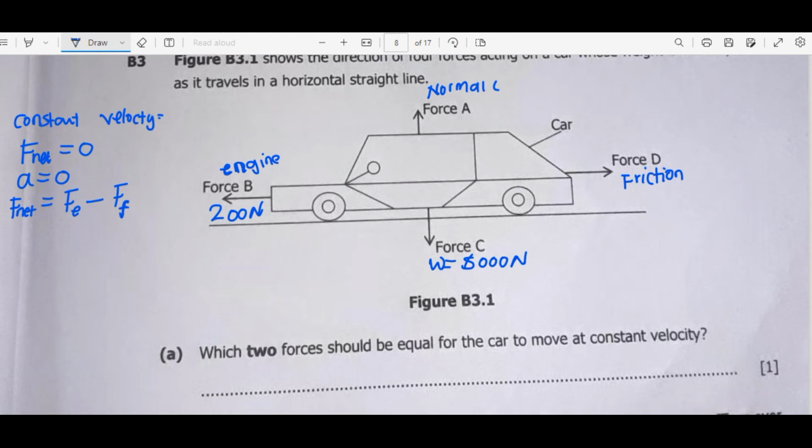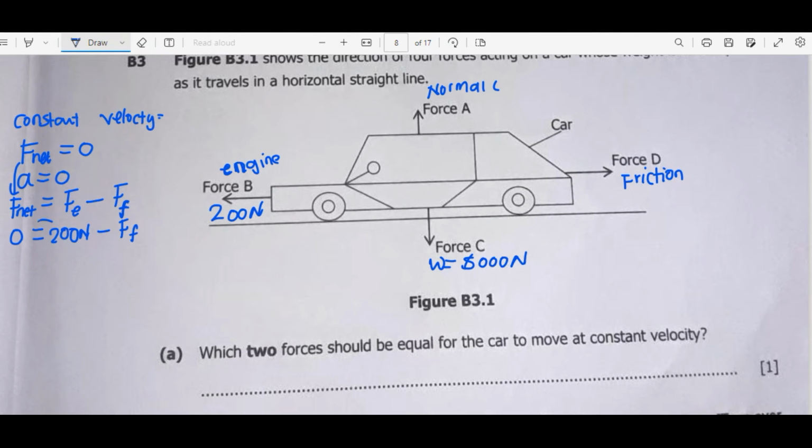Why are we subtracting? Because these two forces are pointing in opposite directions, so we need to subtract. Now remember, for a constant velocity to be achieved, the net force must be equal to 0. So where there is net force, we put 0. Then the force produced by the engine is 200 newtons. Then the friction force is what we are finding.